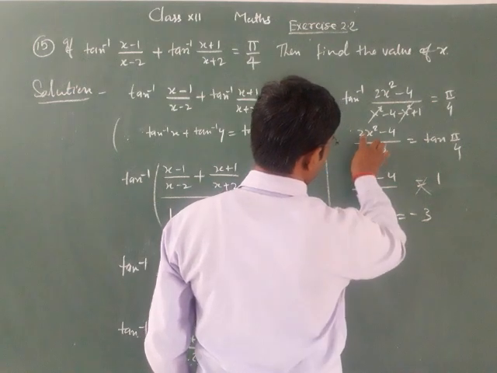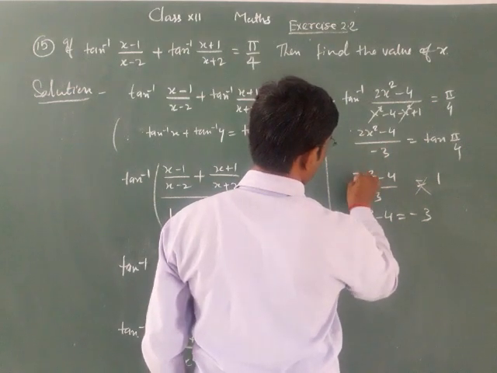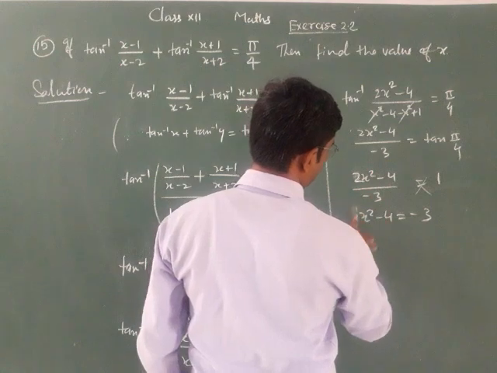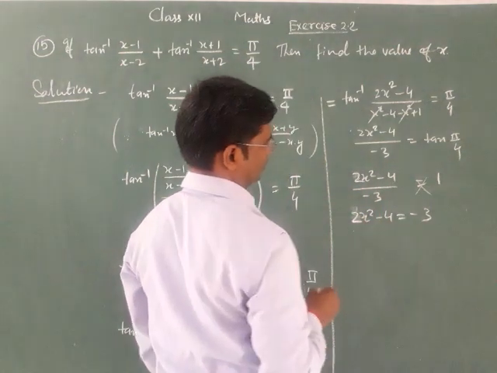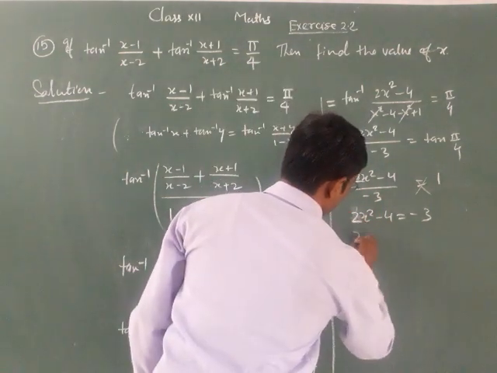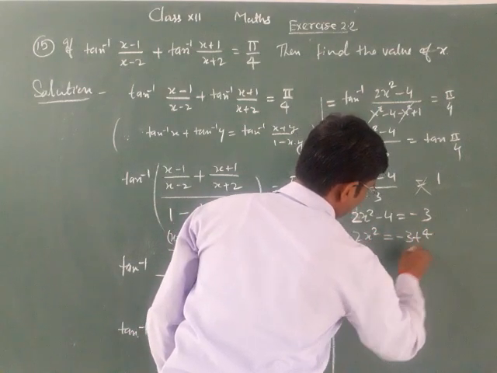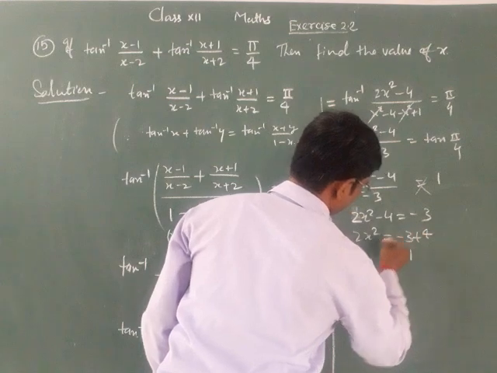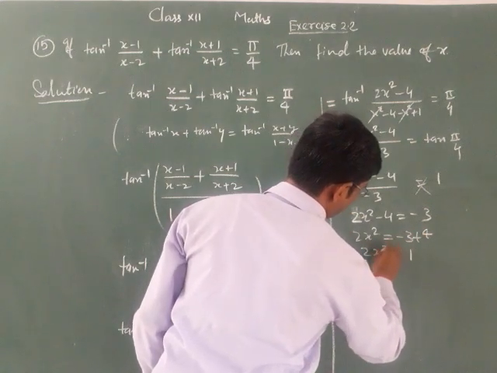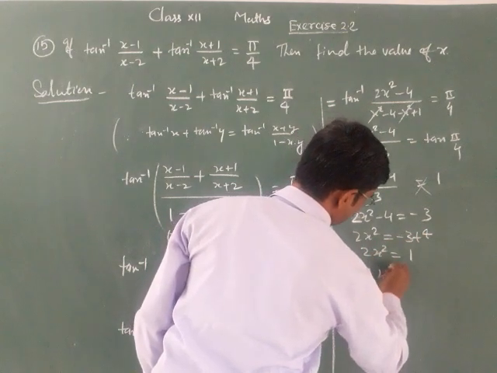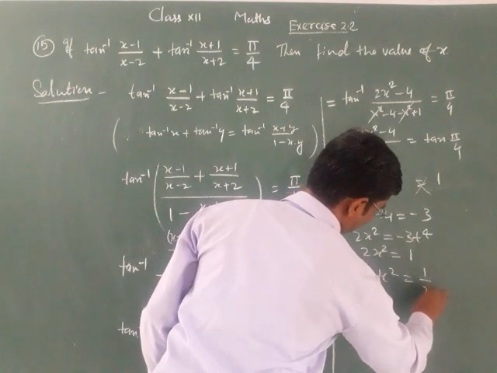So this is now 2 and this is 2. So now 2x square is equal to minus 3 plus 4 is equal to 1, and 2x square is equal to 1. Therefore x square is equal to 1 upon 2.